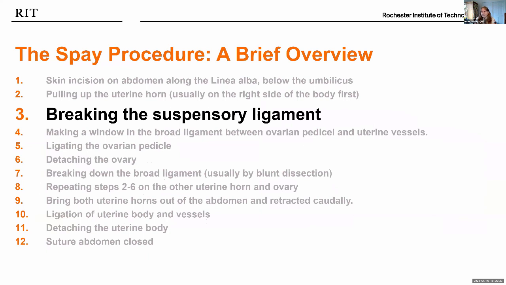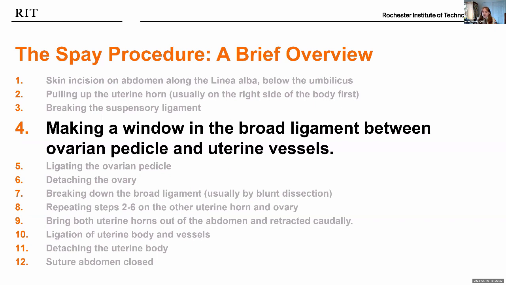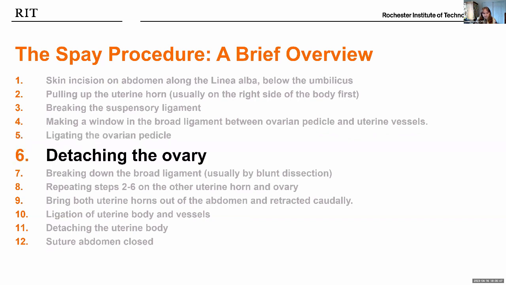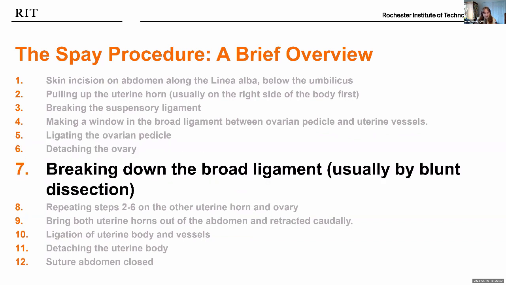Next is breaking the suspensory ligament, and that allows better access for the ovary. Next, there's making a window in the broad ligament, so then the clamps can be attached to the ovarian pedicle. Following that is the ligation of the ovarian pedicle, and then detaching it.